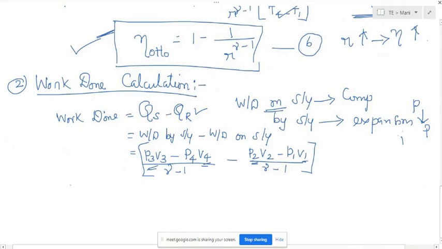here we are introducing another term. See, we already know that the basic formula for an adiabatic process is PV power gamma equal to constant. For example, considering the process 3 and 4, which is an adiabatic process, we can write P3 V3 power gamma equal to P4 V4 power gamma.